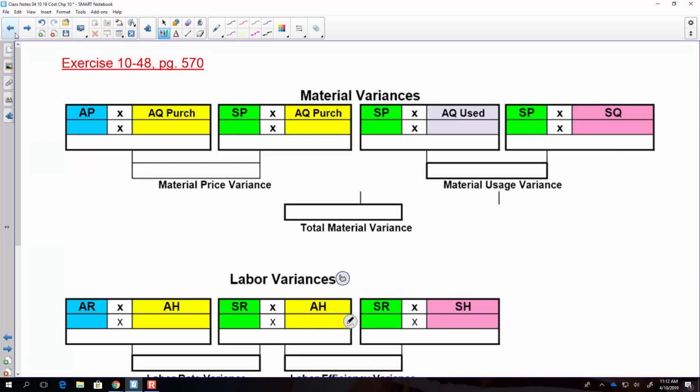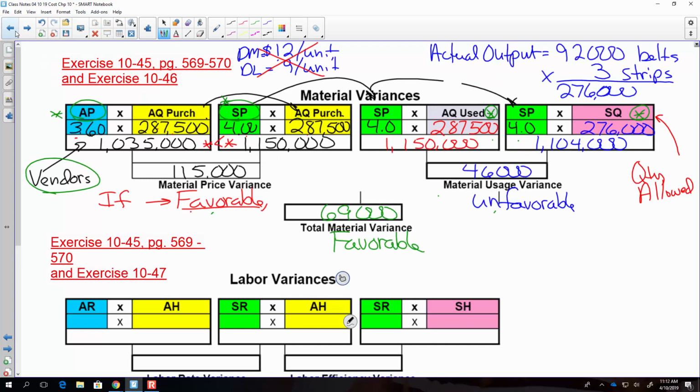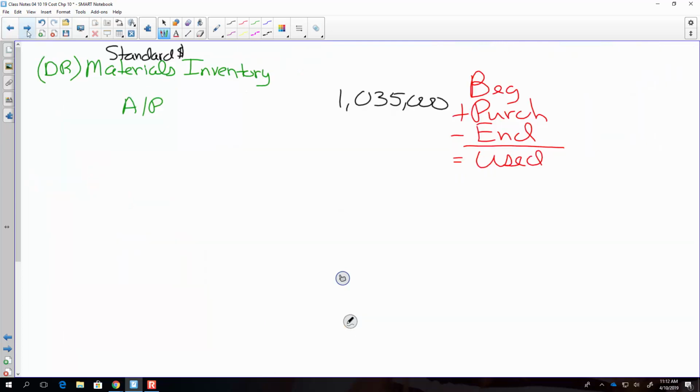So if I go back to box number 2, what am I putting into my inventory account? I'm putting the $1,150,000 in there. So that's my debit. Box 2 is my debit, $1,150,000.